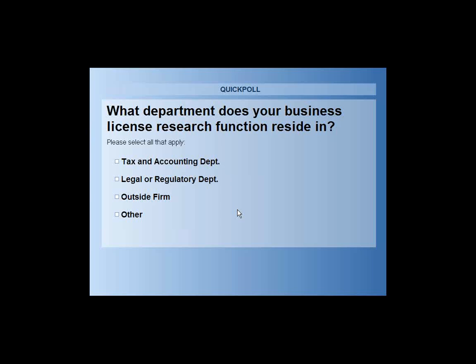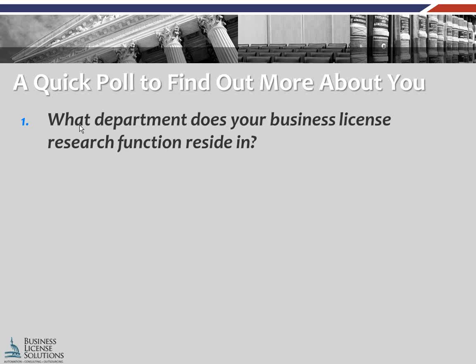We'll also have a second poll to follow this one. It looks like we've got just about everybody in. So here are our results. About 3/4 of you are in the tax and accounting department, 20% are in legal or regulatory, 13% are in another department, and 2% use an outside firm.